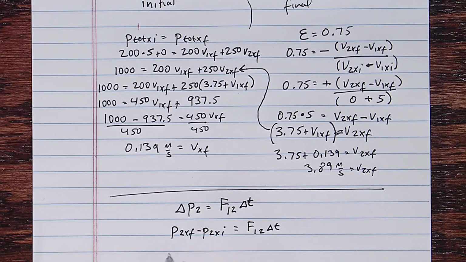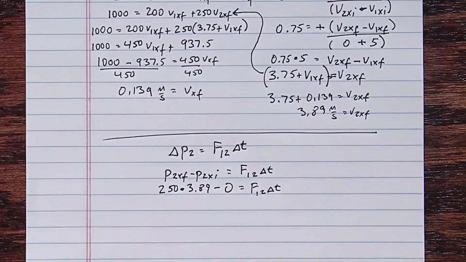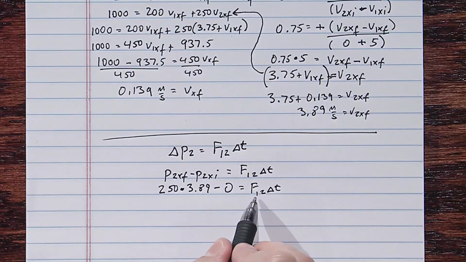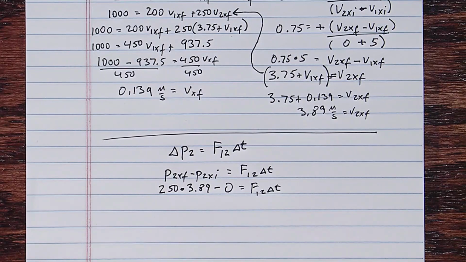The final momentum of car 2 was 250 kilograms times 3.89 meters per second, minus its initial momentum, which is 0, equals the force of object 1 on object 2 times the change in time. So if we know the change in time, then we can calculate the force that car 1 exerted on car 2. Well, we don't know it exactly, but we can estimate it.